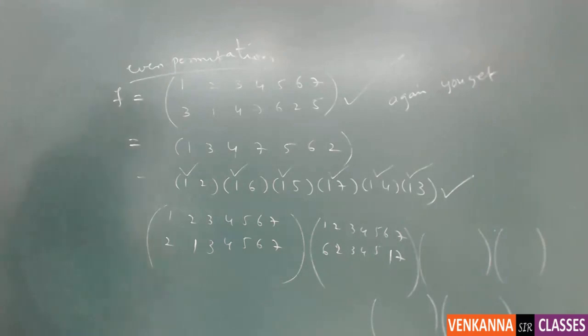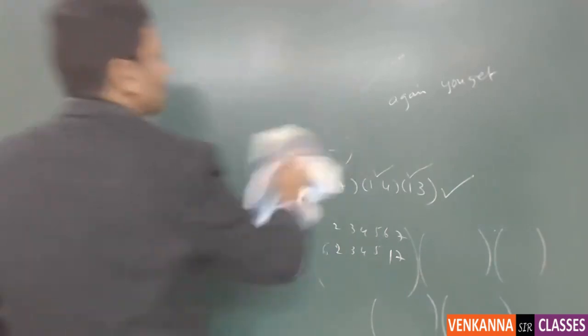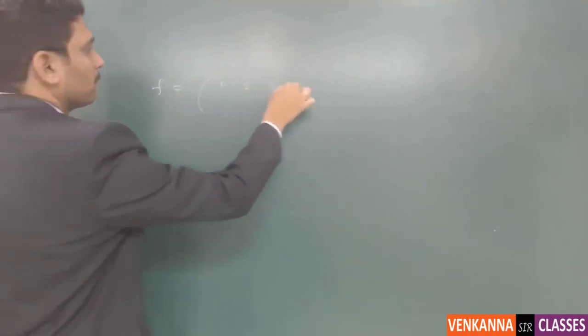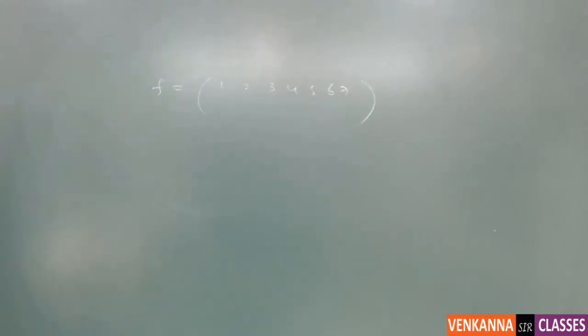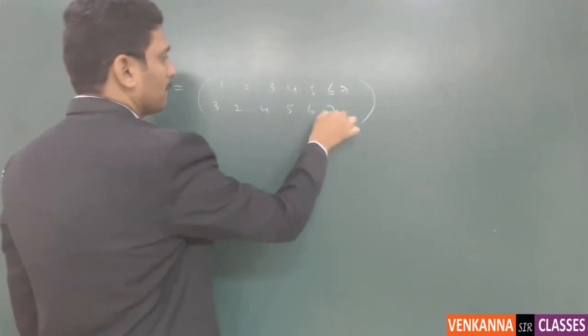Right. Now let us take some more examples which give you a total idea. Now you take the permutation with the values taken as follows.